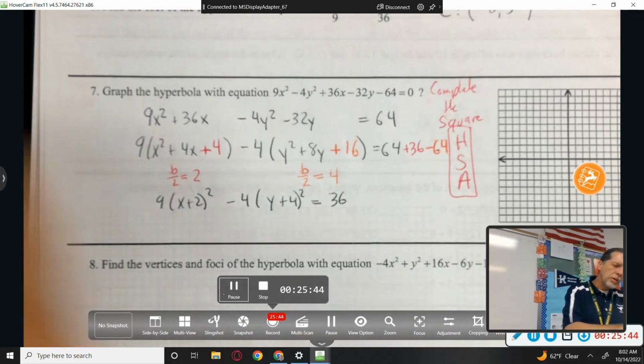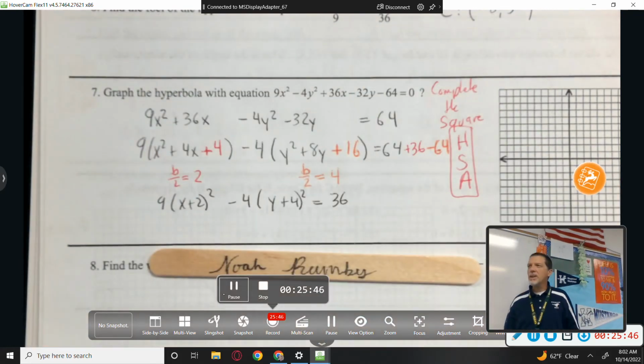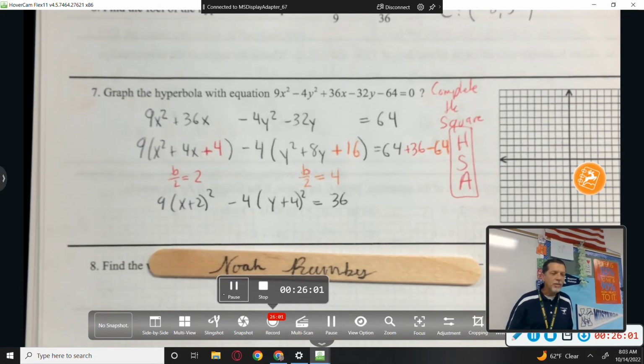Noah, what do I want to do next? I'm almost there, but not quite there. To make this look like I haven't done anything wrong, but it doesn't look like a hyperbola equation yet. What could I do to make it look like number 5 or number 6? Yes, because what will that do?